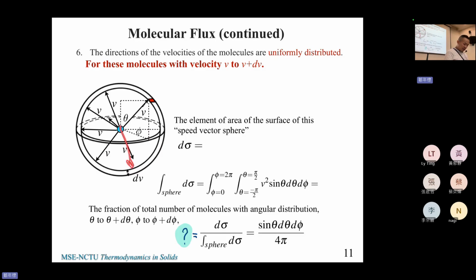So all the velocities form a speed sphere. This is a speed space, or you can say speed ball, anything. Okay, the speed space looks like this.